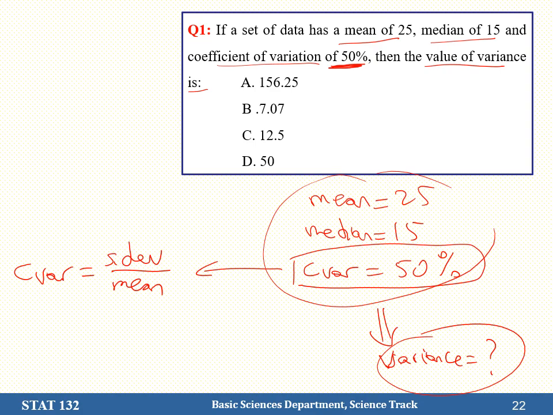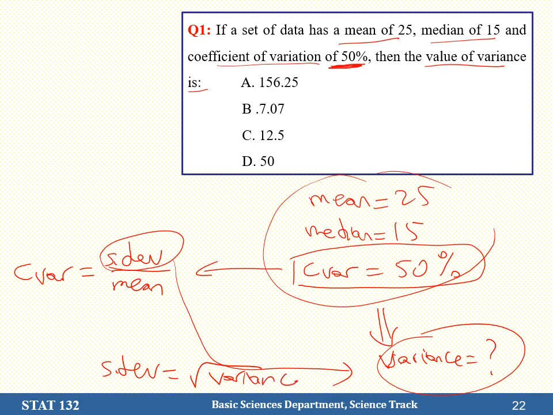Now, since the standard deviation is the square root of the variance, we can use standard deviation to get the variance. And we know this is 50%, so we write it as a ratio, as a fraction.